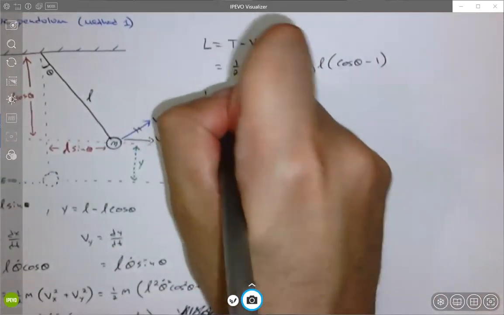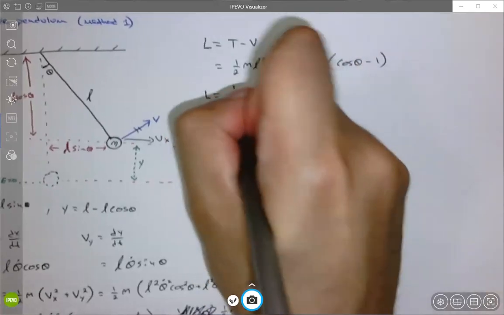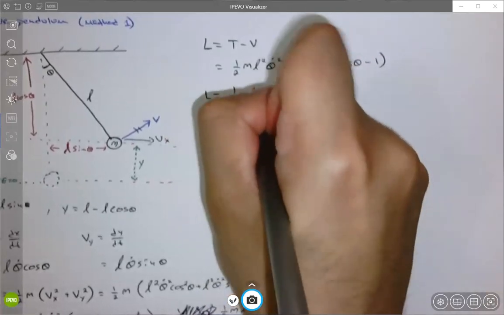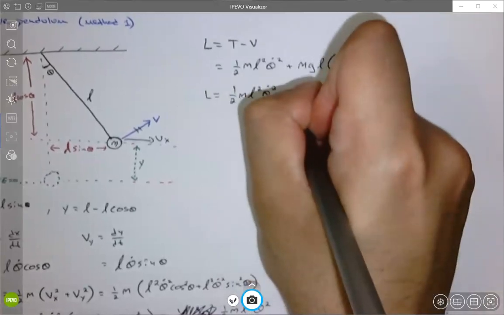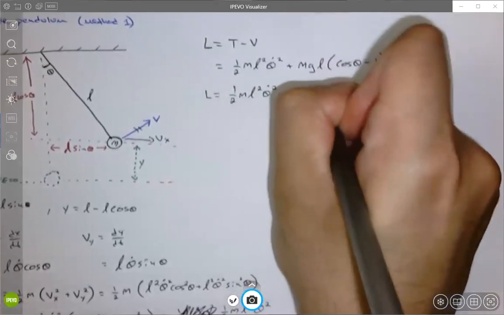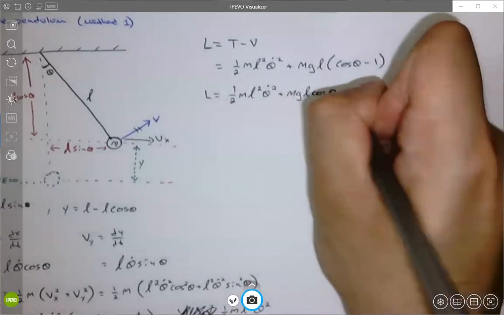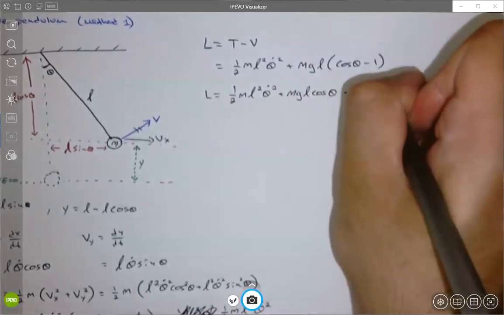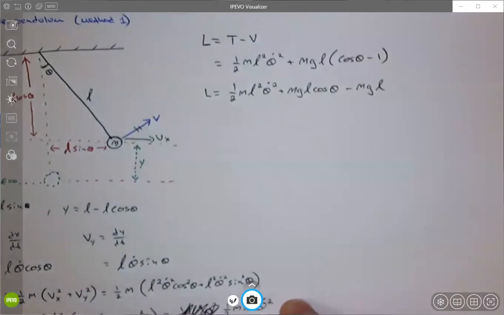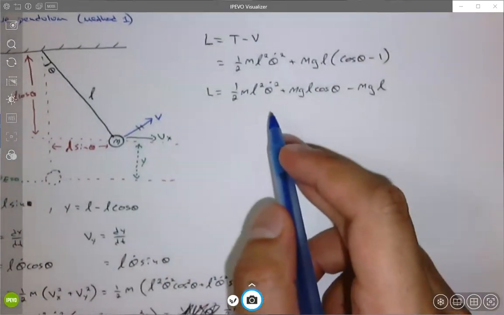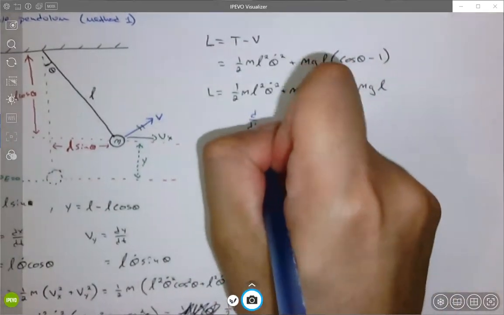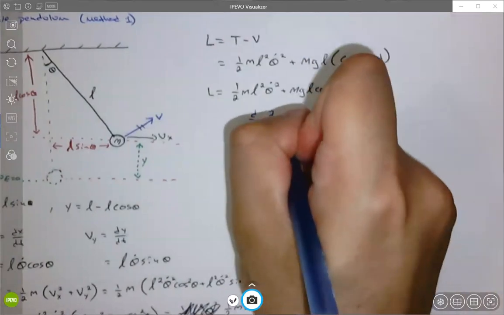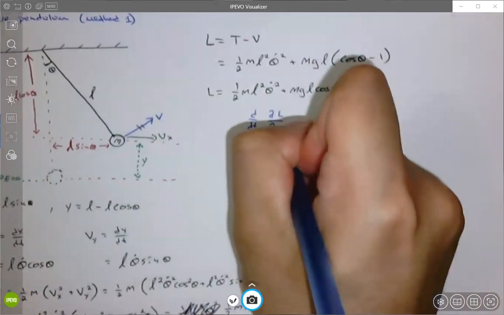So we'll just say that L is equal to 1/2 mL squared theta dot squared plus mgL cosine theta minus mgL. All right, so now that we have the Lagrangian, we can use our Euler-Lagrange equation, which is simply d/dt of the partial of the Lagrangian with respect to velocity.